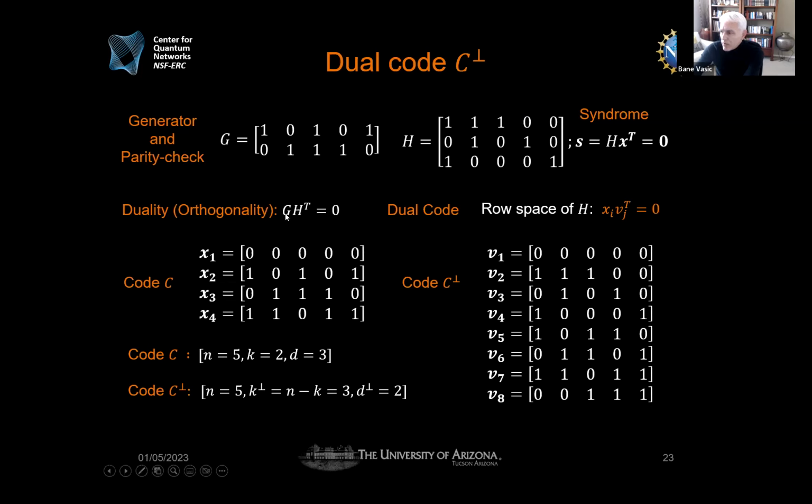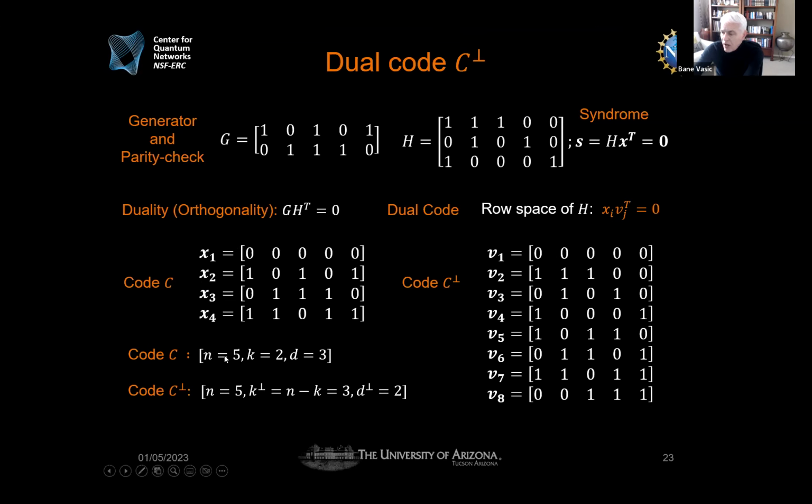Remember this formula of orthogonality. If I have a code C with code words x, I will have a dual code as a set of code words that satisfy this equation, so each of these code words will be orthogonal to each of the code words in our code. So this set of code words forms a dual code.